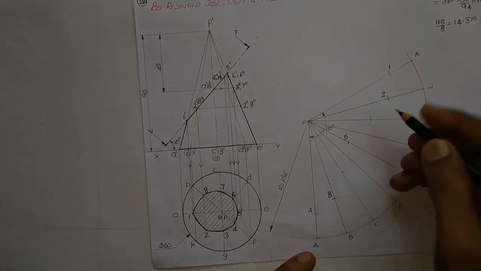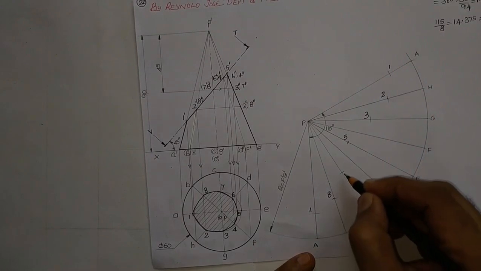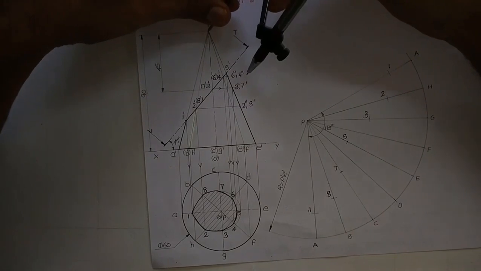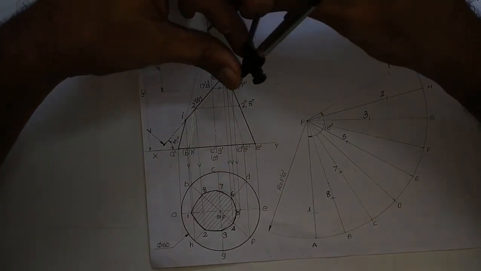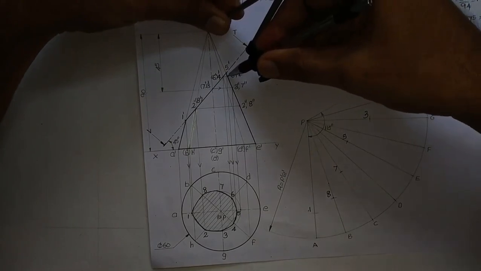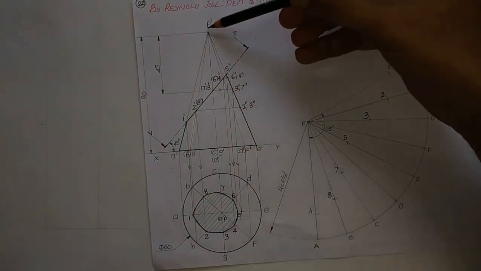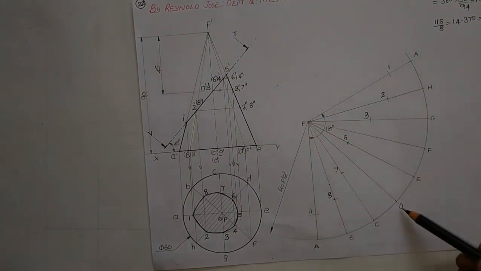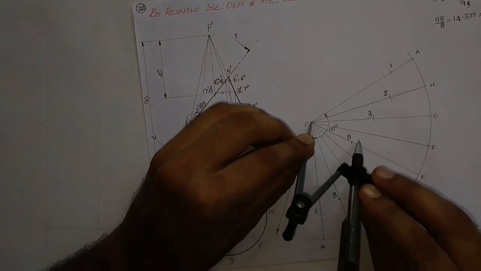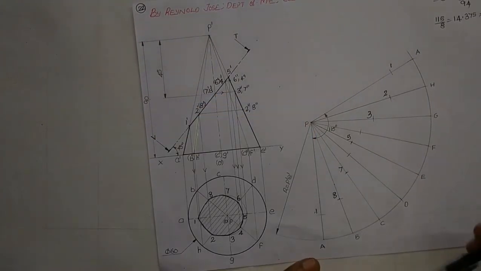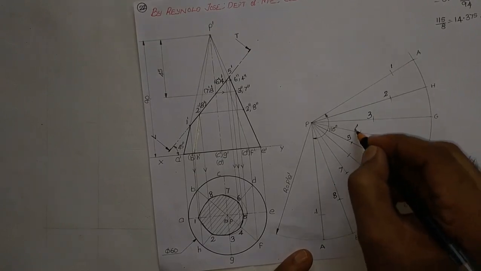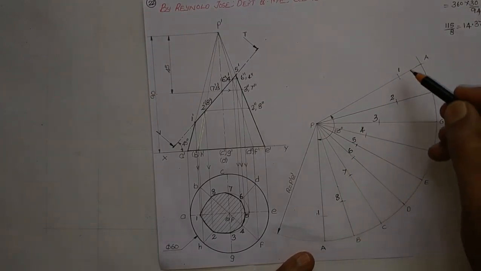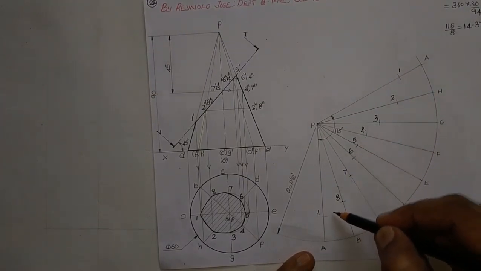So on G it is 3 and on C it is 7, and we shall transfer 6 double dash and 4 double dash. So 6 and 4 are on P dash F dash and P dash D dash. So this is PF and this is PD. So on F it is 4 and on D it is 6. So we have obtained 1, 2, 3, 4, 5, 6, 7, 8 and 1.